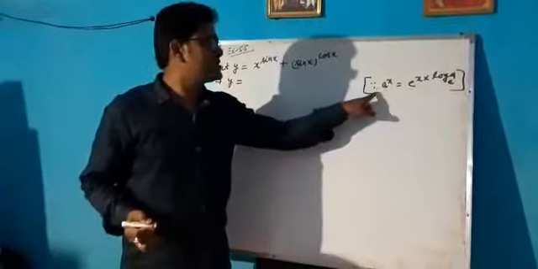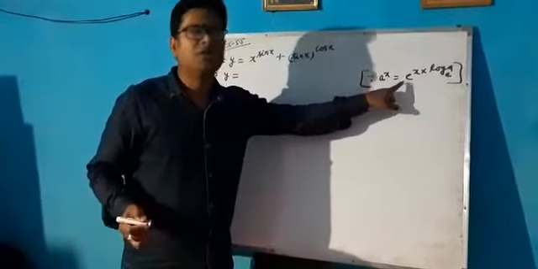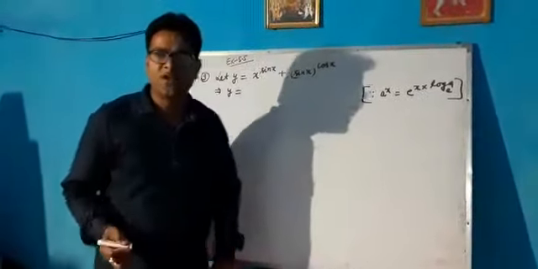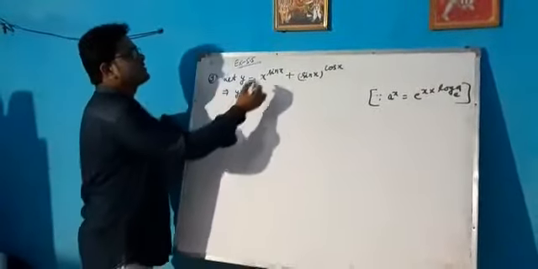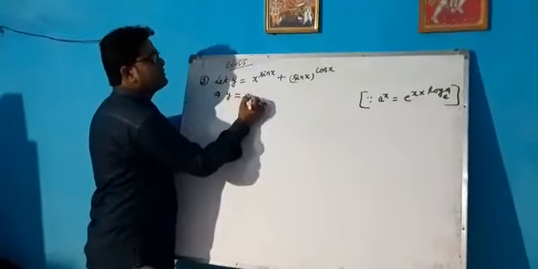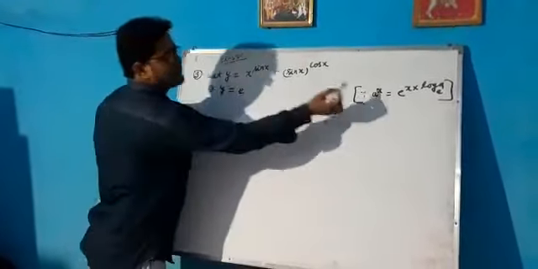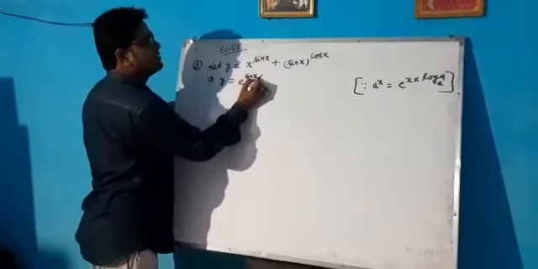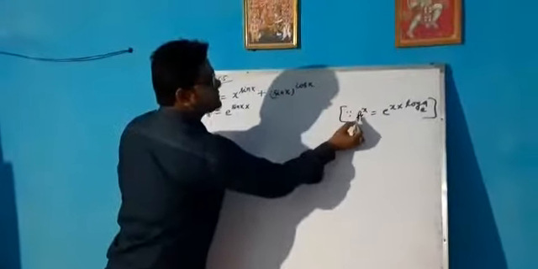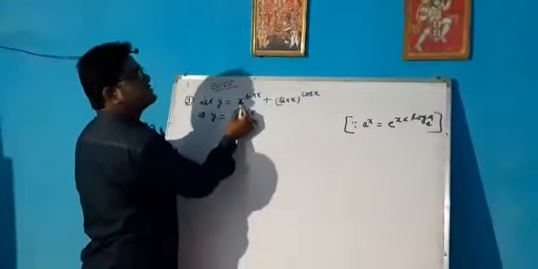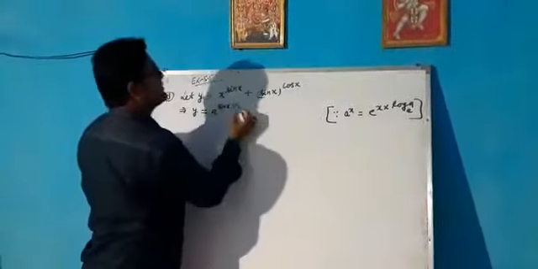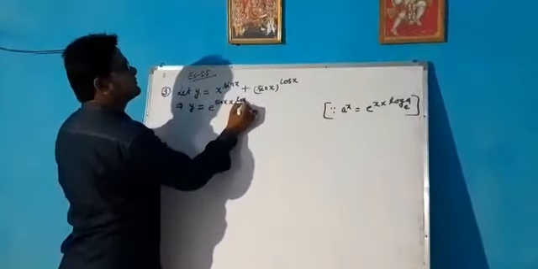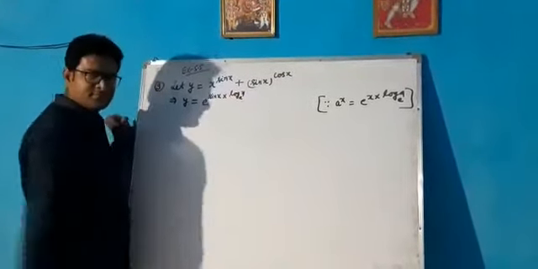Means general exponential function of x I am converting into natural exponential function of x. See here. So here it will be e to the power, in place of x, here is sin x. So I will write sin x into, in place of this base a, I am having x, so I will write log of x base e.